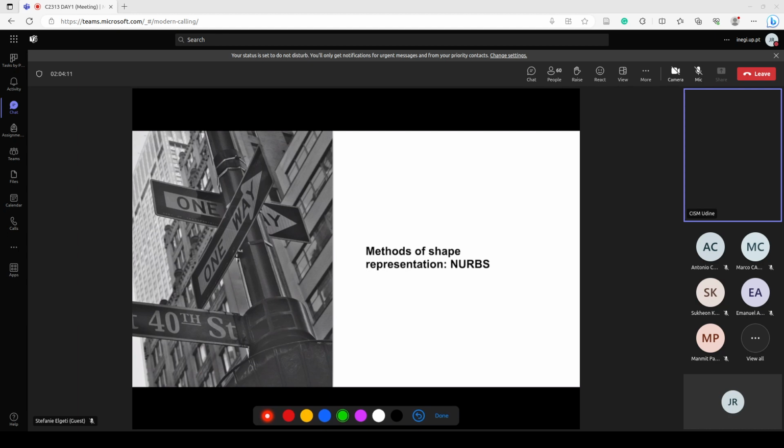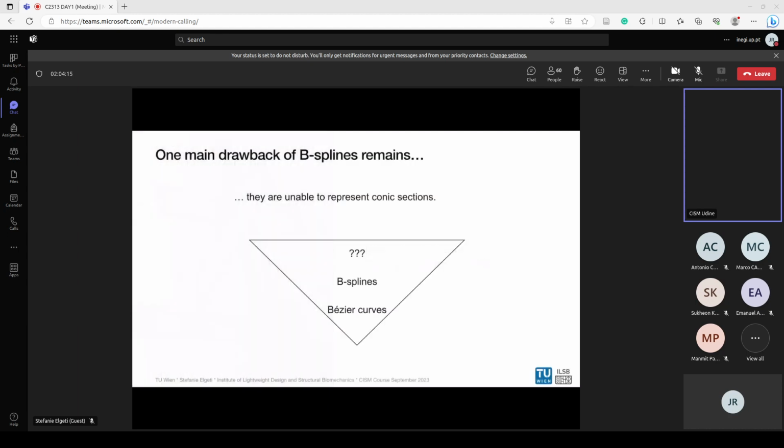So that brings us to the last type of spline that we want to talk about, the NURBS. Actually, these spline types are generalizations of each other. So every Bézier curve can also be expressed as a B-spline. And when we talk about NURBS now, every B-spline can also be expressed as a NURBS.